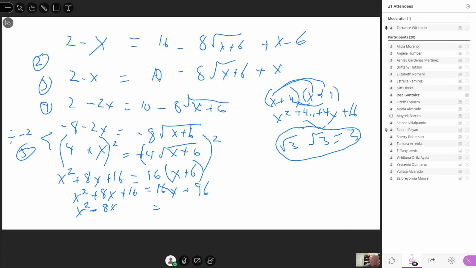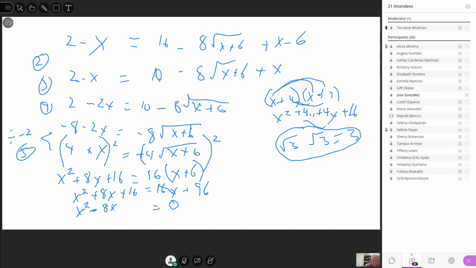What do I do to get rid of the 96? We subtract 96 on the right side so you get 0. If I take away from the right, I've got to take away from the left.